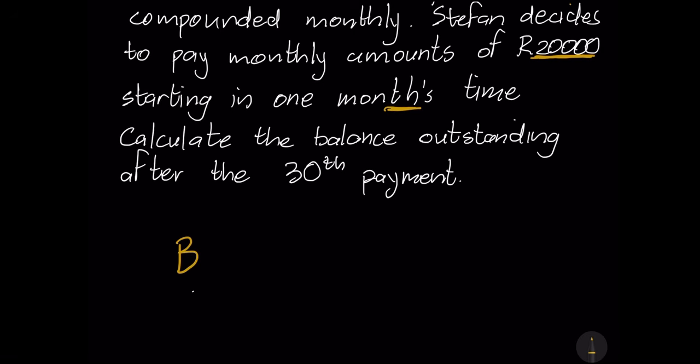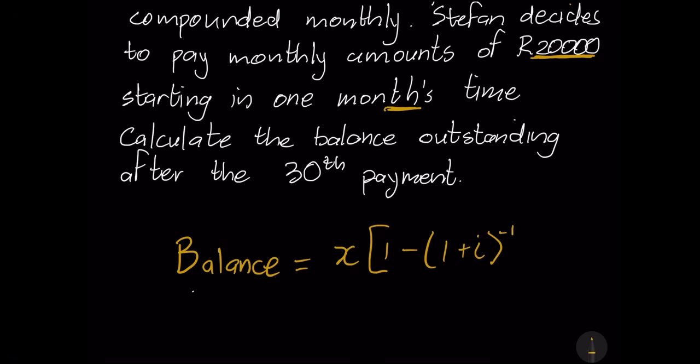If you want to calculate the balance of a loan, you use the present value formula: X is 1 minus (1 plus i) to the power minus n, divided by i.